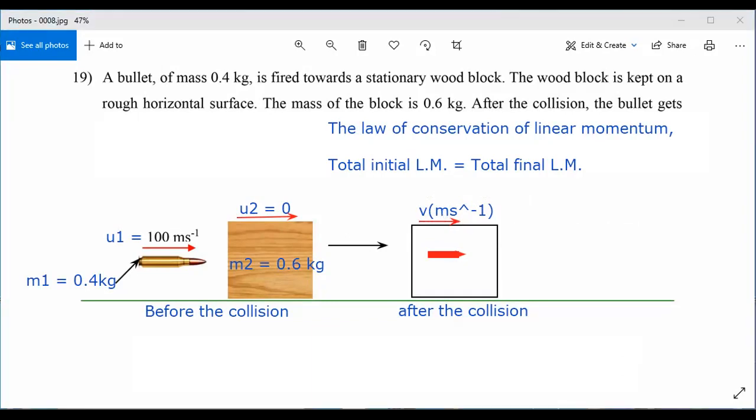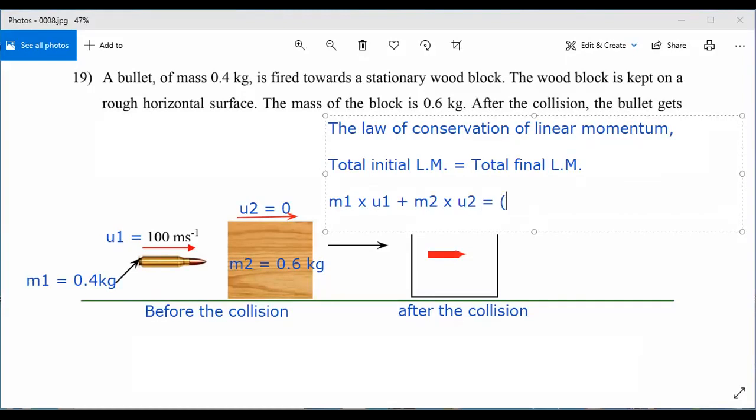Okay, dear? Right now, the law of conservation of linear momentum tells us total initial linear momentum equals total final linear momentum. Total initial linear momentum means the summation of linear momentum of the bullet, the product mass into its velocity, plus linear momentum of the block, that is the product mass into its velocity u2.